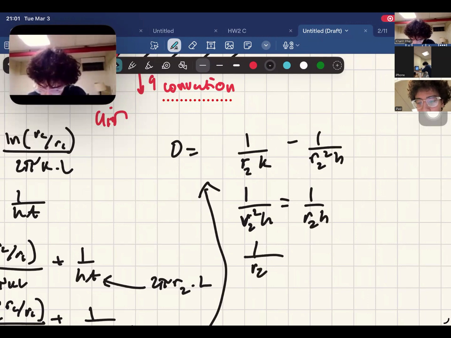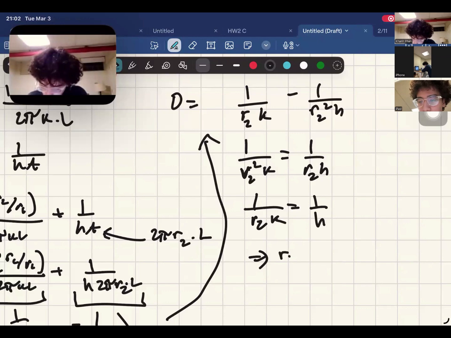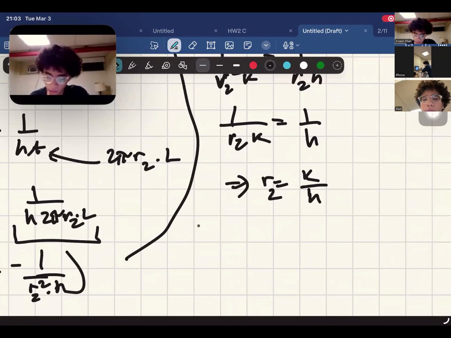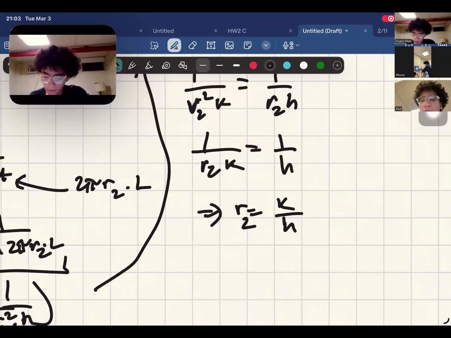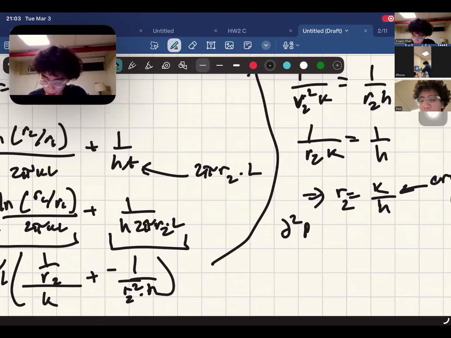So 1 over R2 H equal to, oh wait, I mean K over H, therefore R2 is equal to K over H. We then, at this point, know that this is the critical point, but we don't know if it's a minimum or the maximum. So we're gonna do the second derivative to determine that.